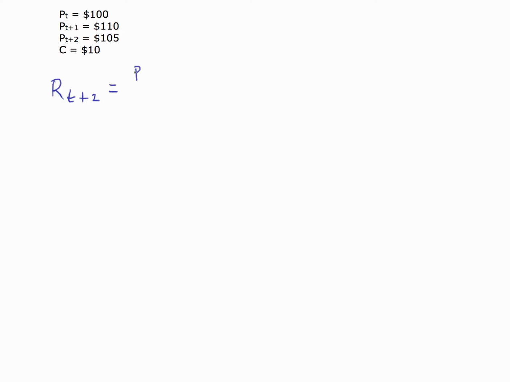To get the capital gain, we're going to take the price in T plus 2, subtract the price in T plus 1, and divide by the price in T plus 1. Now you might be wondering why we're using this price in T plus 1, because we never actually sold the bond in T plus 1, nor did we purchase it in T plus 1. So how is that relevant to the problem?